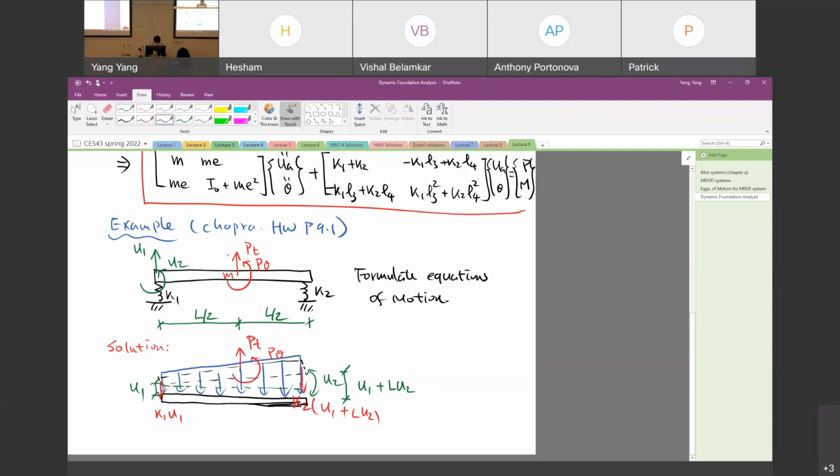Because the unit mass of the beam is equal to m over L, the total mass over the length, we then have the acceleration here and the acceleration here.